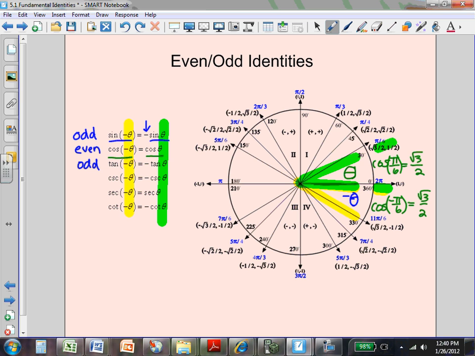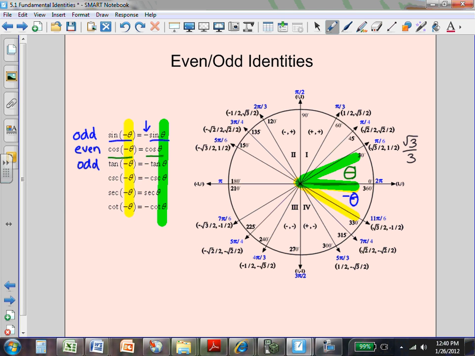Now, tangent is going to behave a lot like sine, in that if we look back over here at our angles, with the green one, it has a tangent ratio or a slope for pi over 6. This is positive root 3 over 3.